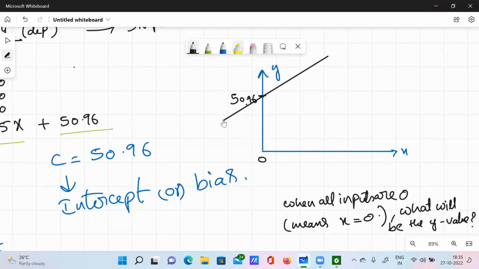You can take whatever value. For example, I'll take 2.59. So our intercept would be 2.59. So what happens?